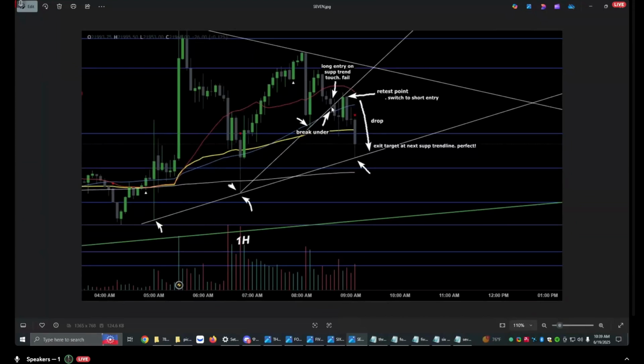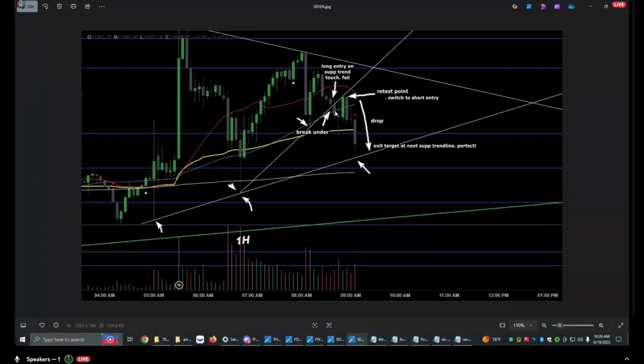This ended up going back and forth in small movements until the next 5-minute and 15-minute candle opened beneath the trend line, which would be this guy right here. That is bad news for me.